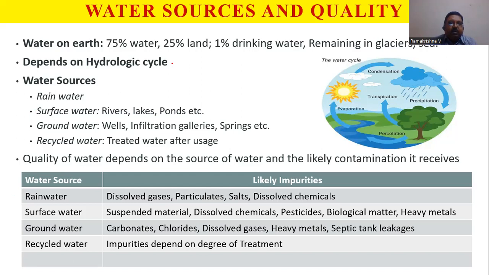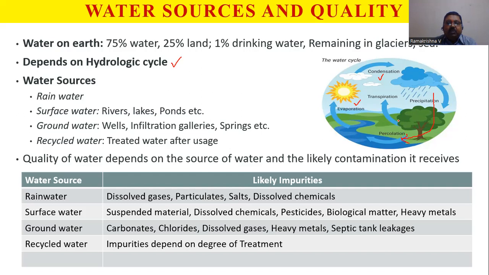Everything depends on the hydrologic cycle, which everybody knows. The water on the surface gets evaporated into the air at high temperatures. Then it undergoes condensation in the clouds, and after condensation it falls back onto the ground in the form of precipitation, onto surface water.